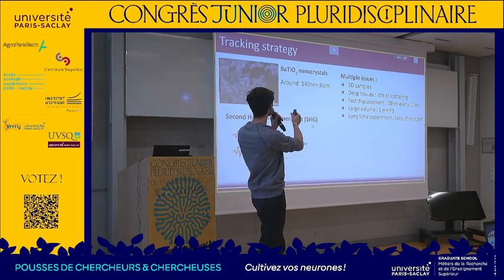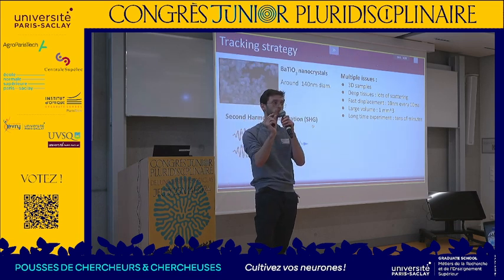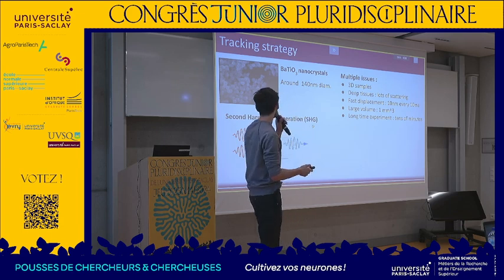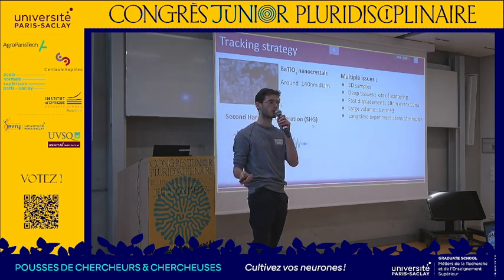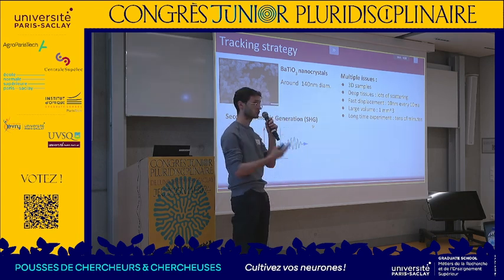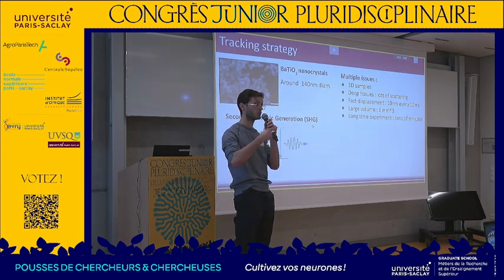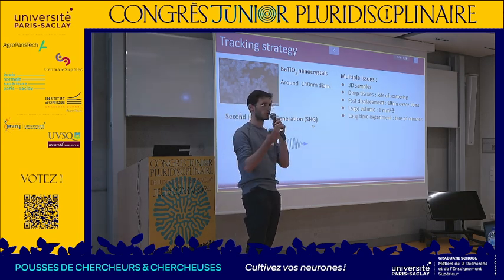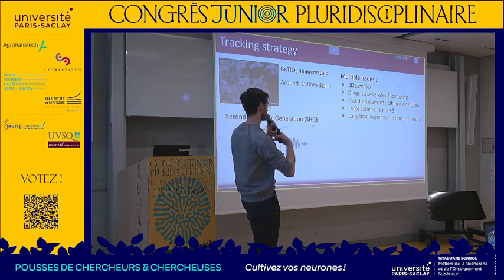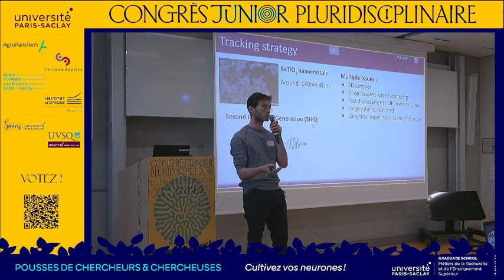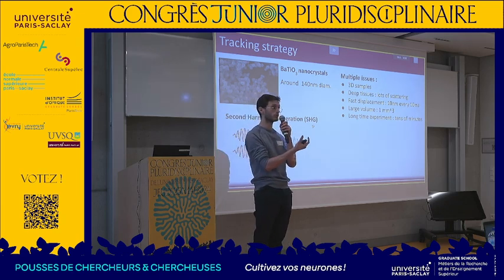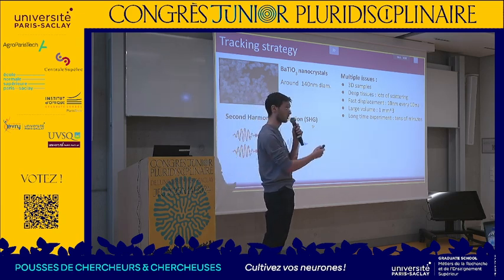So we choose to use nanoparticles of about 100 nanometer diameter, and that have the particularity to do second harmonic generation, which is a nonlinear optical process that converts 2 photons into 1 with a double frequency. So the frequency is the color. Basically, you send red light and you get blue light at the end, and with the amount of blue light you have, you know at which distance you are from your particle.